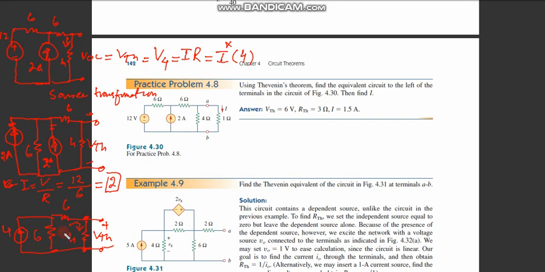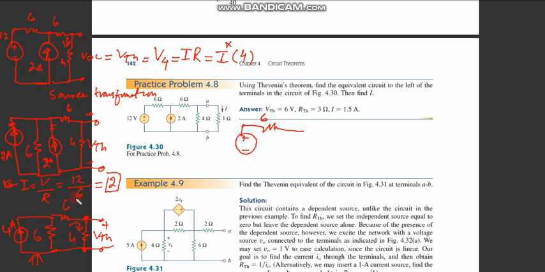Now I will again use source transformation on these two branches. This is a current source connected with a resistor in parallel, so I can transform this current source into a voltage source. With the arrowhead, this would be plus, and the resistance would come in series.